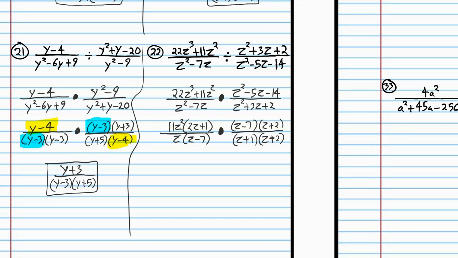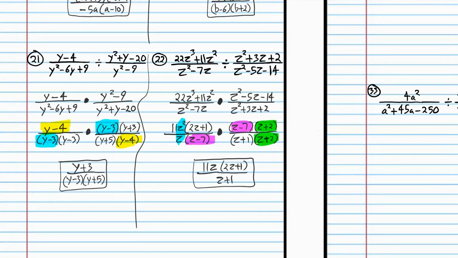All right, we're going to just cancel out. And we can cancel some z's here too. So z to the second over z, that would just be z in the top. So we can write 11z. And we have a 2z plus 1 on the top also. And a z plus 1 on the bottom. So if you got that answer, good job.